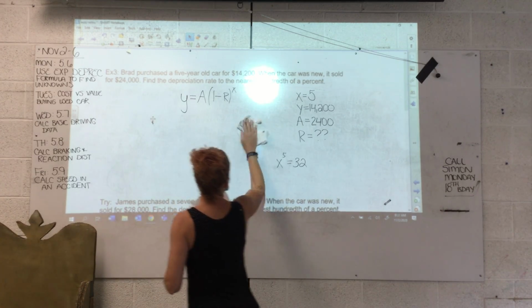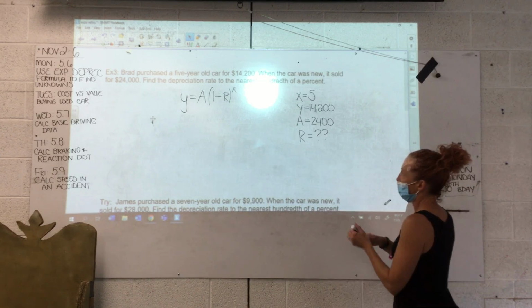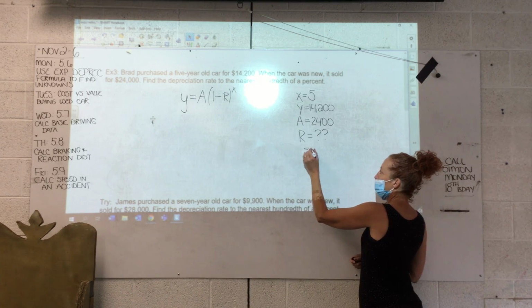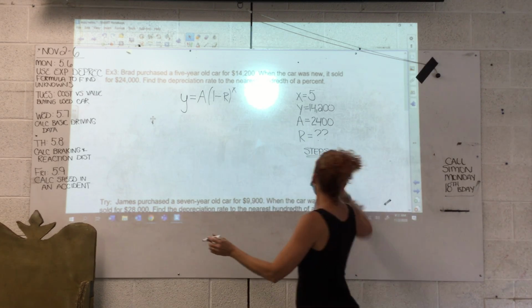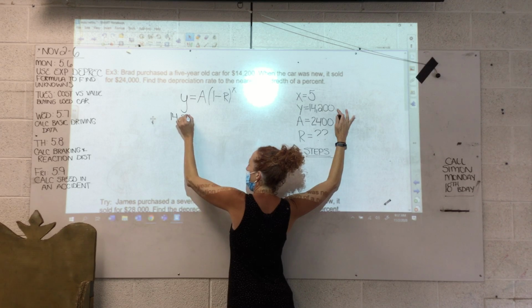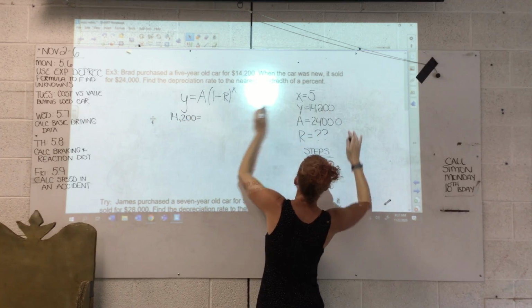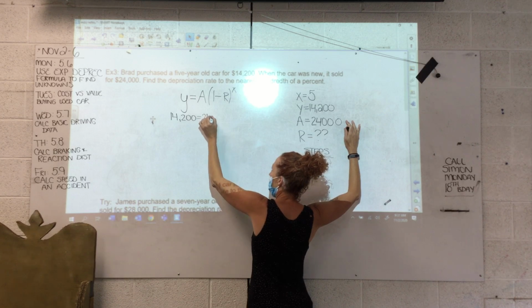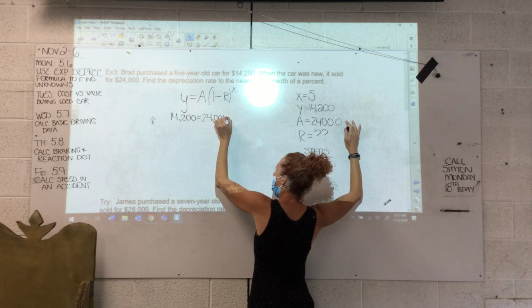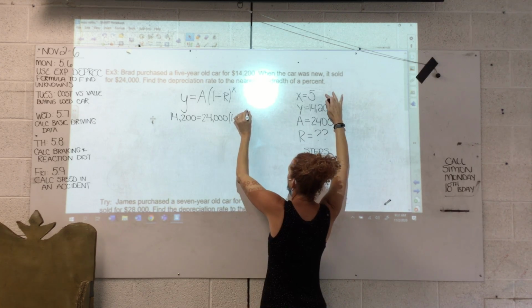All right, let's plug in everything we know. Leave some room over here for some steps. So, y is 14,200. A is 24,000. 1 minus R is what we're looking for, and the X is 5.